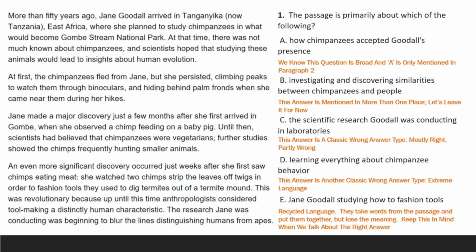And lastly, E. We see recycled language, and this is another very popular wrong answer type. They take words from the passage and put them together, but they lose the meaning. Taking exact words from the passage is the verbal equivalent of cannot be determined from the information given that we saw in the math section.